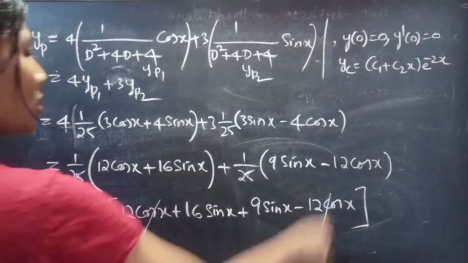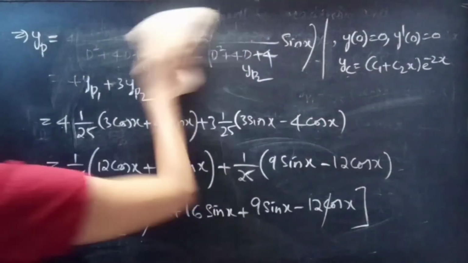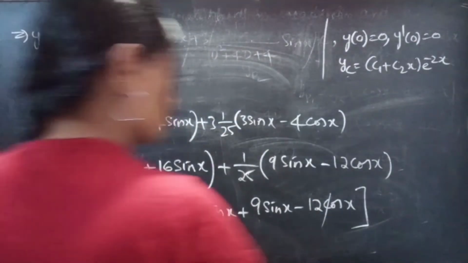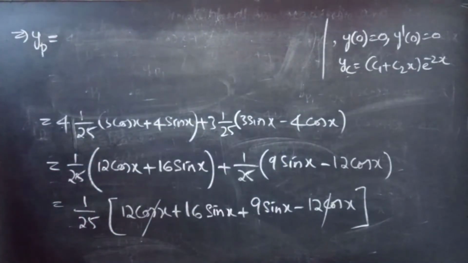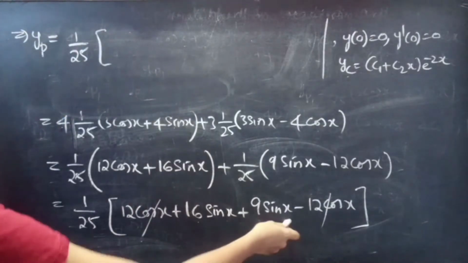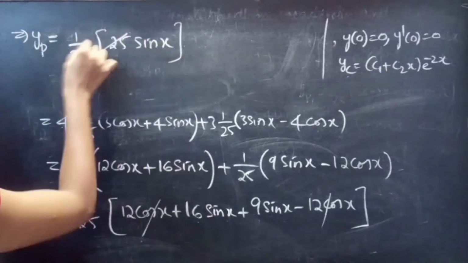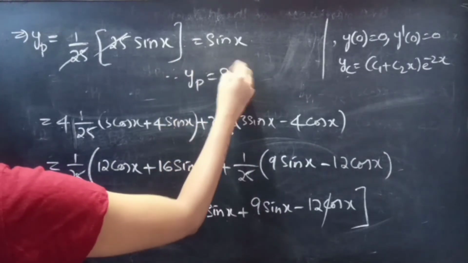The 12 cos x and minus 12 cos x get cancelled, so this becomes 1 by 25 into 16 sin x plus 9 sin x, which is 25 sin x, right? 25 gets cancelled and you'll get sin x. Therefore yp equals sin x.